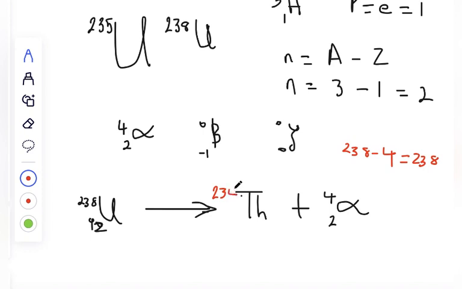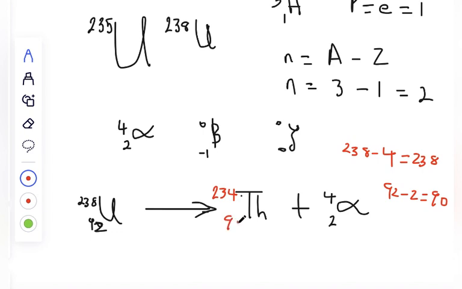And then to find this one, we subtract the atomic number of the alpha particle. So we say 92 minus 2, which will give us 90. So here we have 90 as the atomic number, or the number of protons. This is thorium.